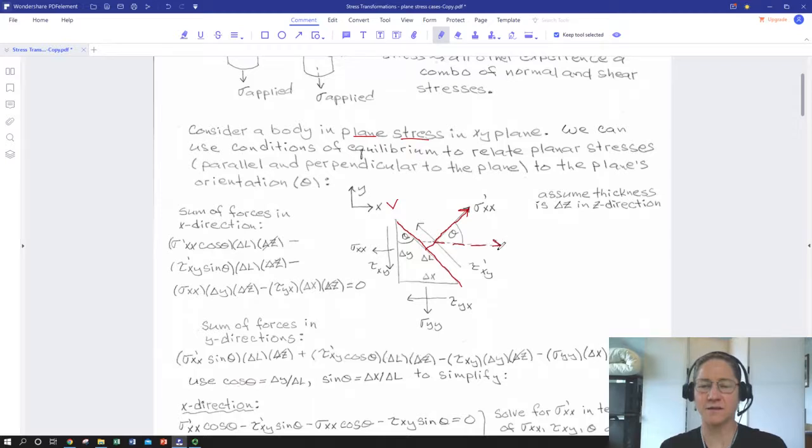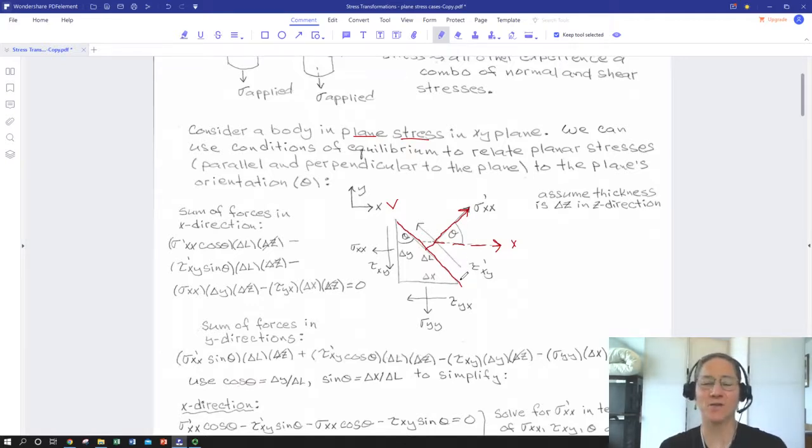We've defined theta as the angle of the planar surface normal of whatever plane we're interested in with respect to the x-axis. So if we're applying stresses in the x, that'll be a sigma xx. If theta is 0 and that surface normal is parallel to the x-axis, then there is no tilt.